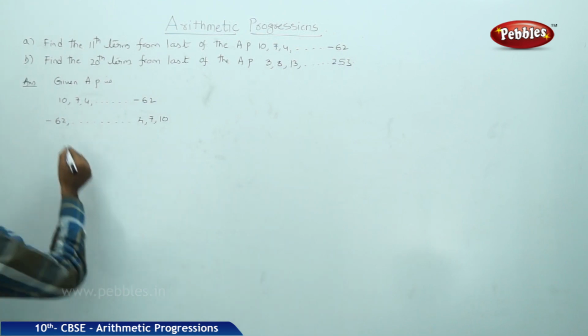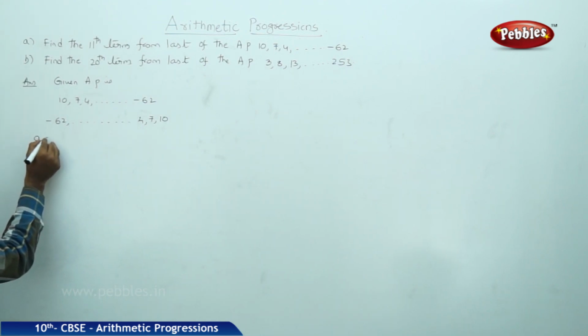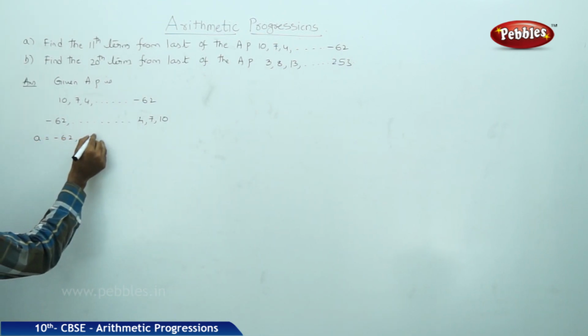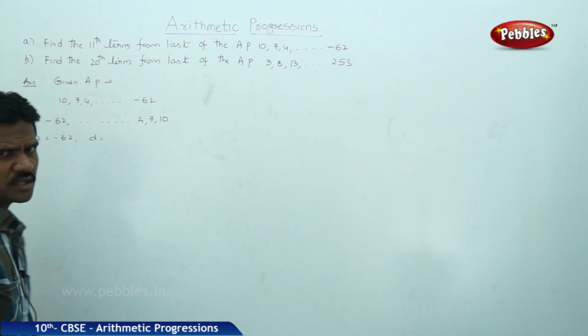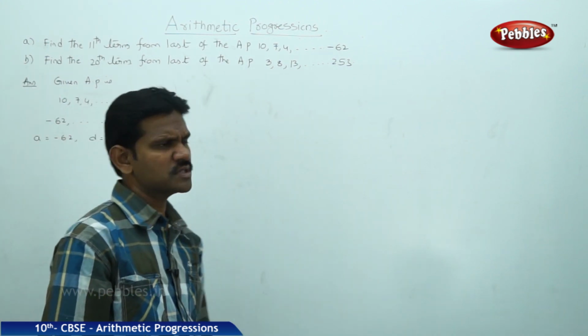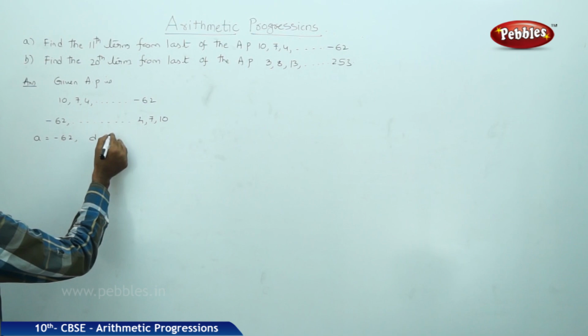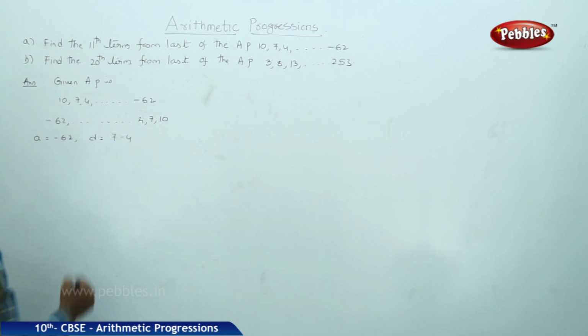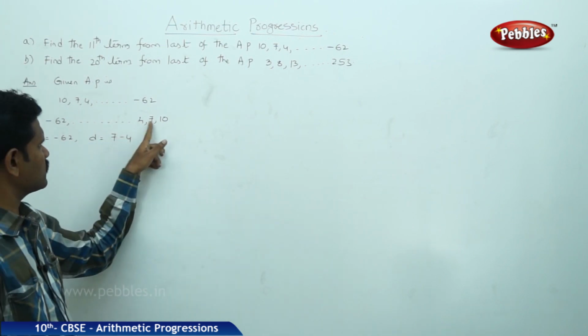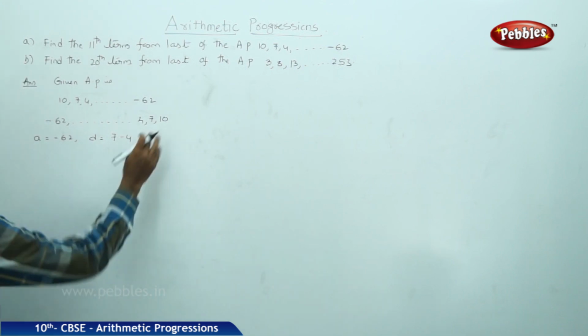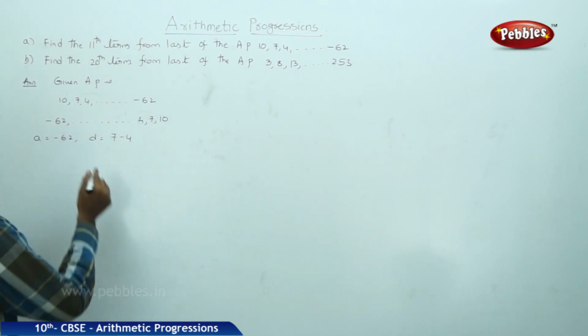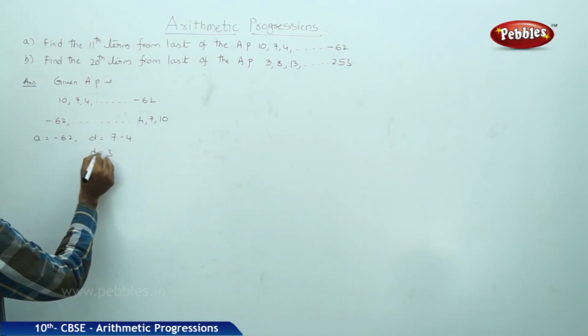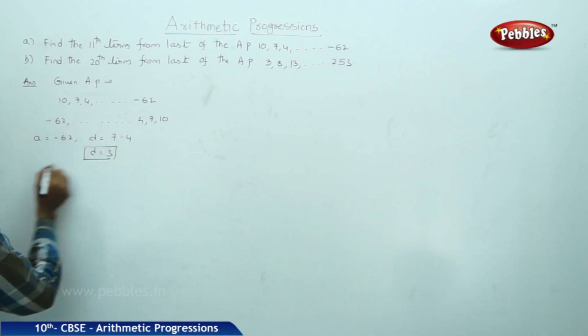Now your first term A is equal to minus 62 and your common difference is T2 minus T1. That procedure is the same. That is 7 minus 4, or 10 minus 7. That is D is equal to 3. Common difference is equal to 3.